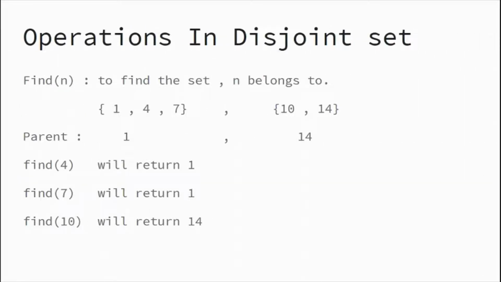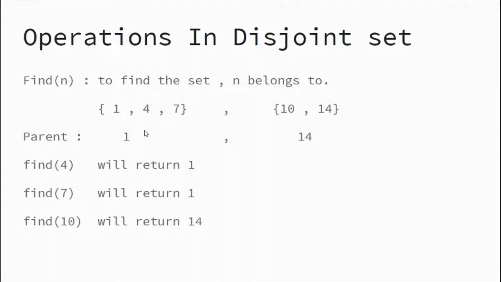But there is a problem of naming these sets with characters like A, B, C, because there may be millions of sets, so we cannot name them using characters. So what we do is we choose one of the elements of the set as parent, and when we call the find function, we return the parent of the set.